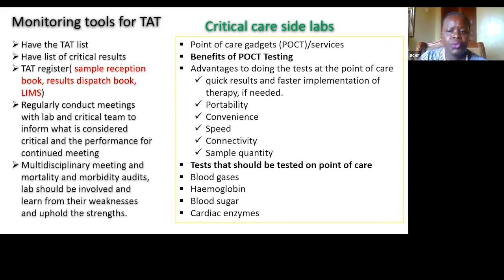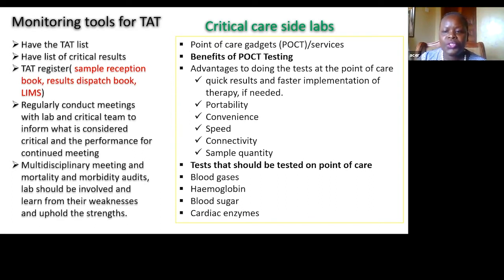So what should we do? There are gadgets that the intensivists can use to mitigate the issue of downtime. If the main machine of the laboratory is not working, we should think of an option, because we want to ensure the lives of our patients are saved and the right care is given on time.